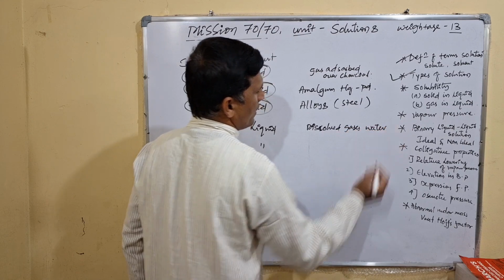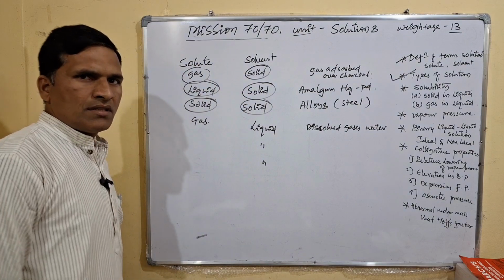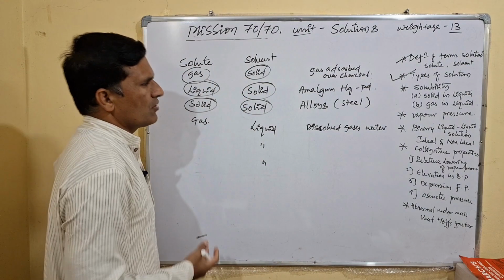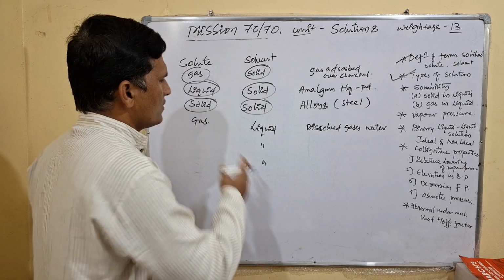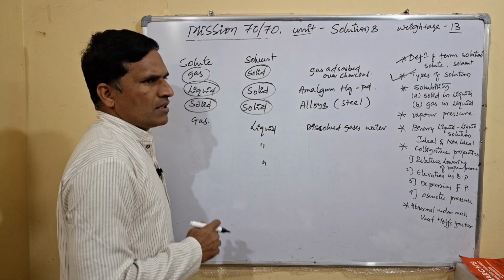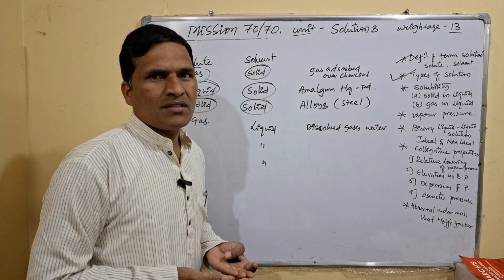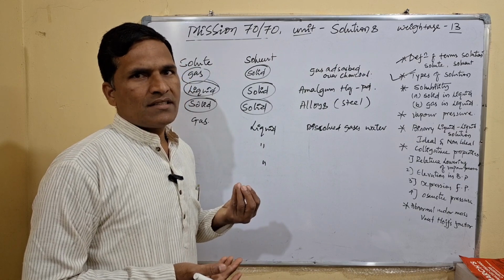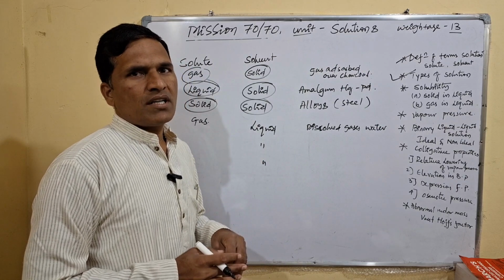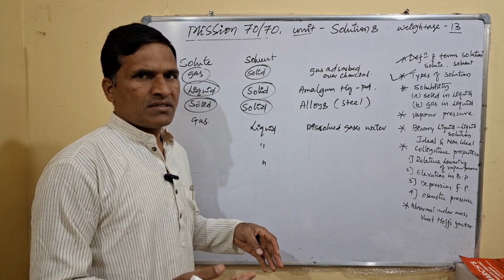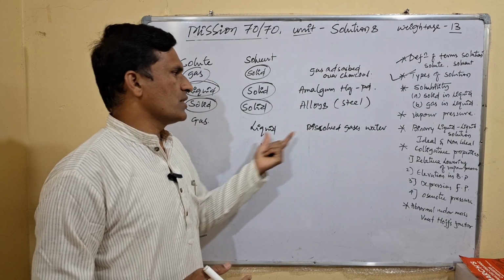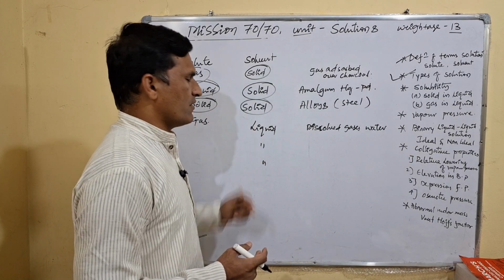Water contains oxygen, nitrogen, and a small quantity of even carbon dioxide. Those are the examples. Or you can take HCl solution. HCl is actually a gas, so when you dissolve it in water, it dissociates to give H plus and Cl minus. Anyhow, it is a solution, which is gas in liquid.